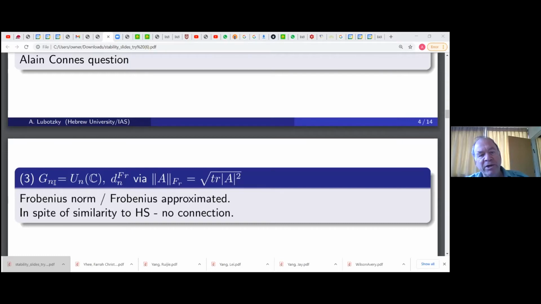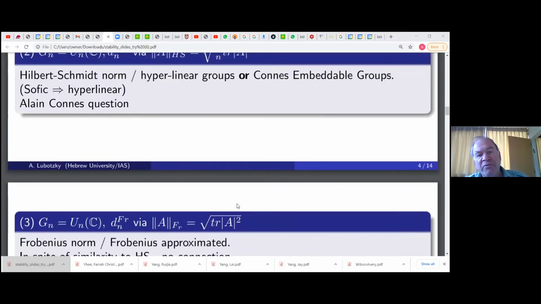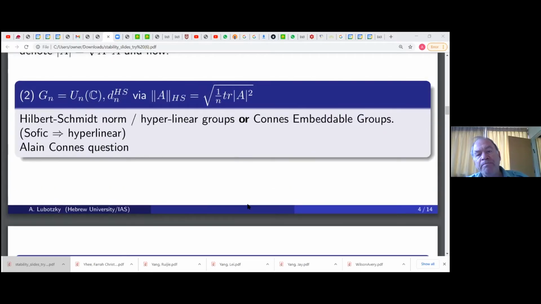Take again the same group, and define the distance between two matrices A and B as the norm of A minus B, but this time the norm is the so-called Frobenius norm, which is the square root of the trace of the absolute value squared, instead of dividing by n.